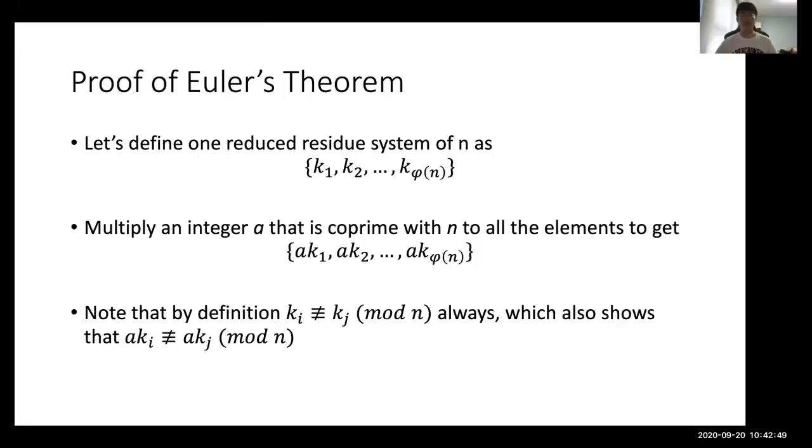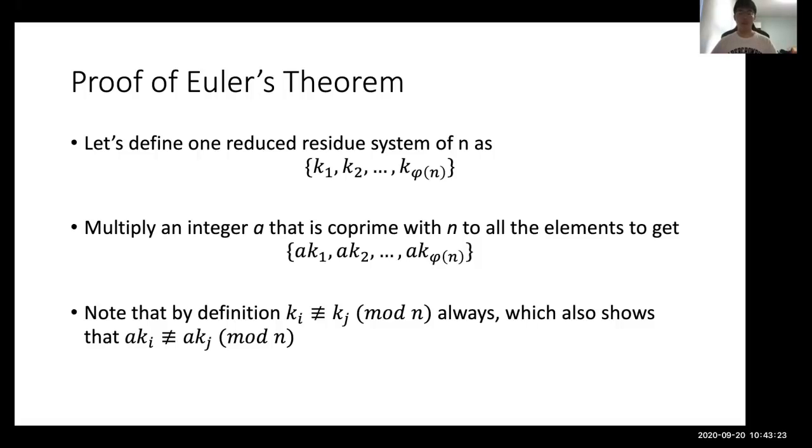So the proof of Euler's theorem is the following. Let's define one reduced residue system of n as k1 to k pi n. And let's multiply an integer a that is co-prime with n to all the elements to get ak1, ak2, ak pi n. And let's note that by definition, any ki is not congruent to kj in modulus n, because it's the definition of a reduced residue system.